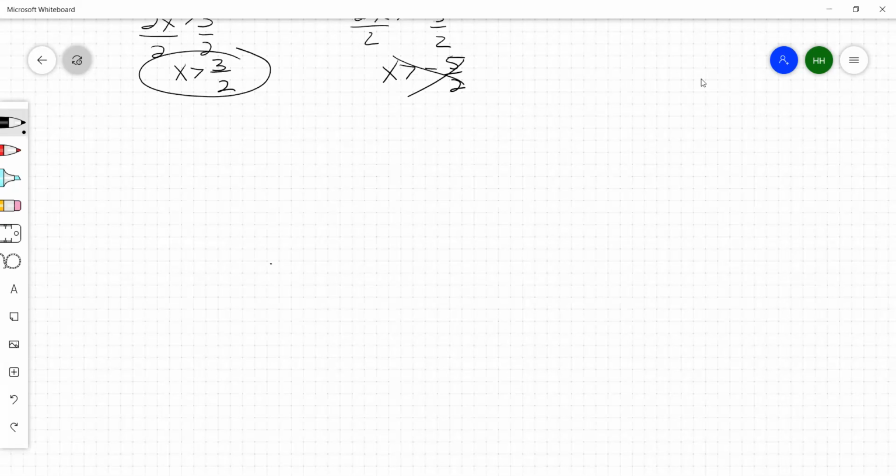Okay, more factoring today. First part of today, or your assignment today, you're going to be finding common factors.